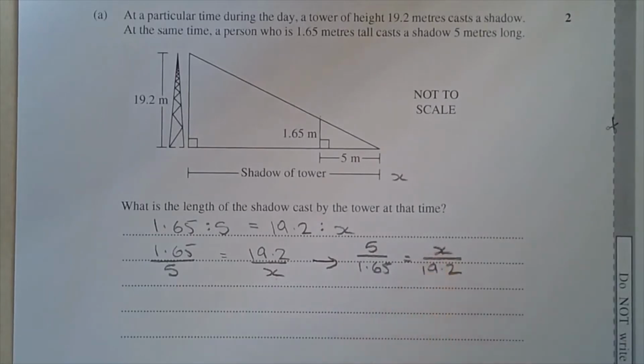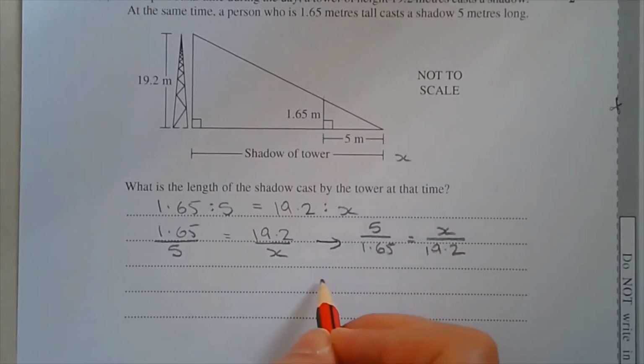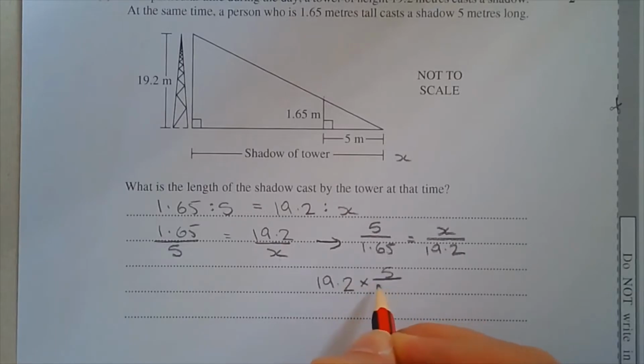Now let's make x the subject of the formula. We're going to move the 19.2 over to the other side. So 19.2 multiplied by 5 over 1.65 is equal to x.